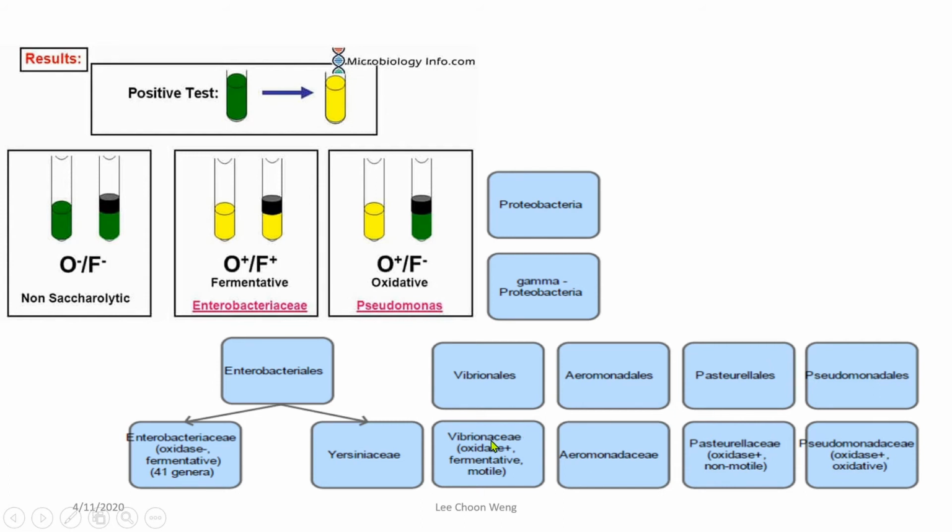However, between Vibrionaceae and Pseudomonadaceae, Pseudomonadaceae is oxidative, whereas Vibrionaceae is fermentative. So from here you can differentiate Vibrionaceae from Pseudomonadaceae. Between Pasteurellaceae and Vibrionaceae, it is whether it is motile or non-motile.